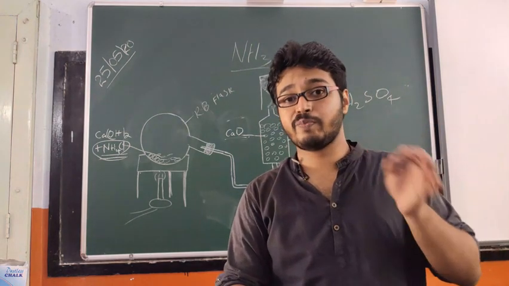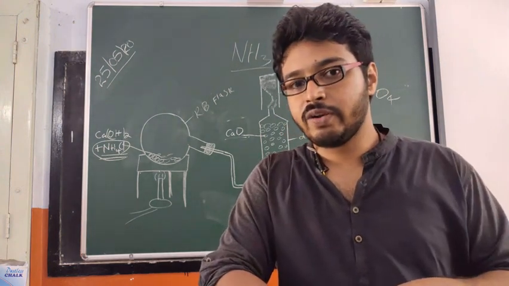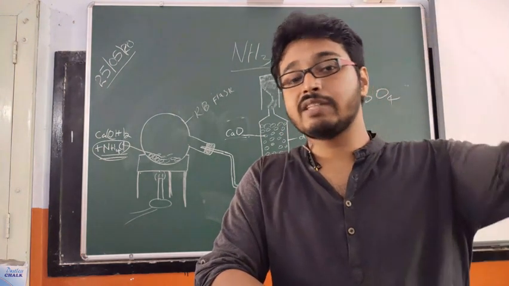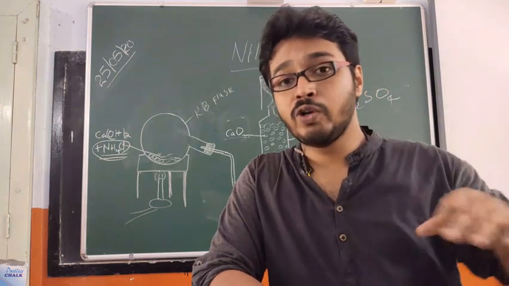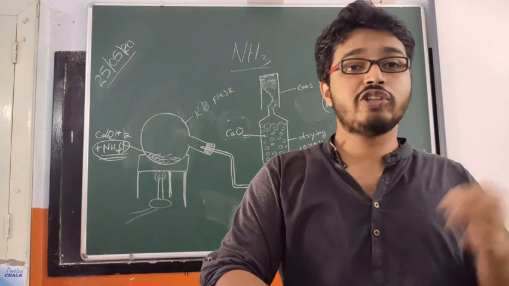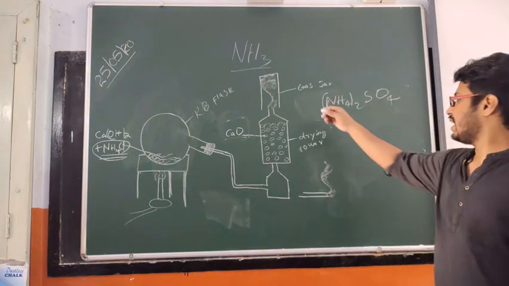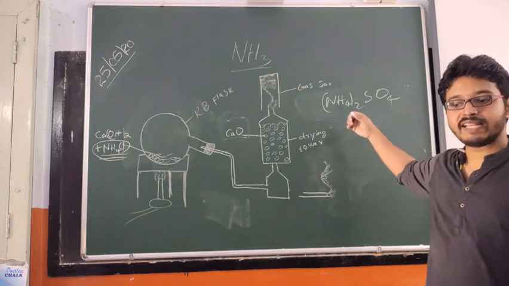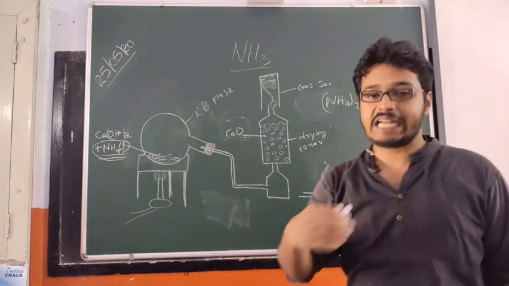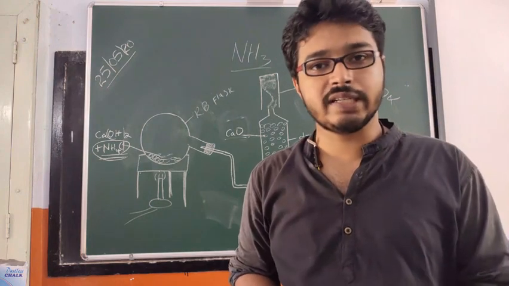One of the byproducts that we tried to eliminate was sodium sulfate. We are supposed to keep the temperature below 200 degrees Celsius to avoid the formation of sodium sulfate. So here also calcium sulfate can be formed. It can have the same effect. It can crack the apparatus. That is why we are not using ammonium sulfate.